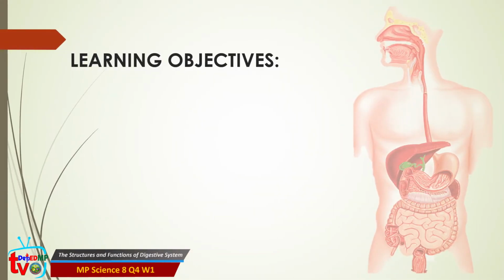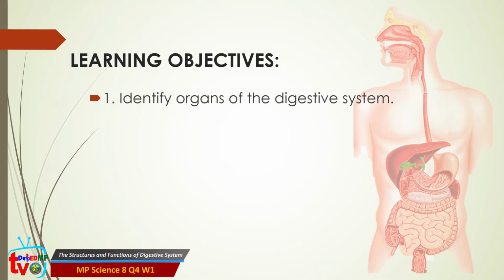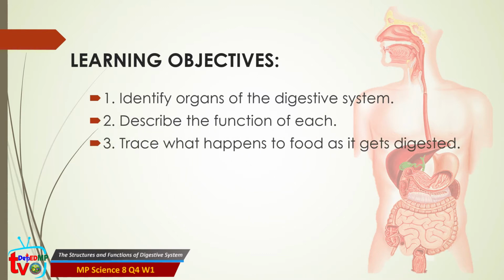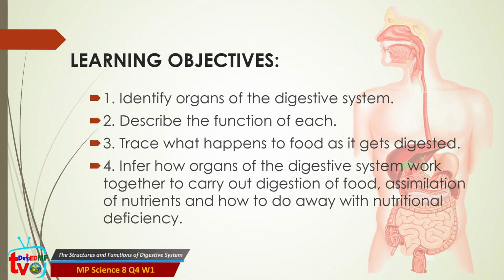Specifically, you are expected to identify organs of the digestive system, describe the function of each, trace what happens to food as it gets digested, infer how organs of the digestive system work together to carry out digestion of food, assimilation of nutrients, and how to do away with nutritional deficiency.